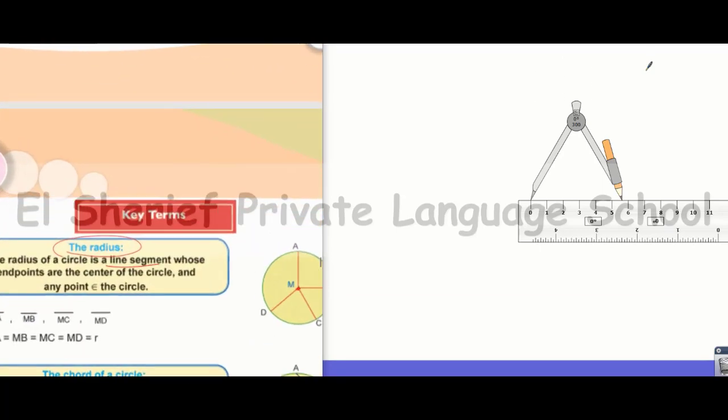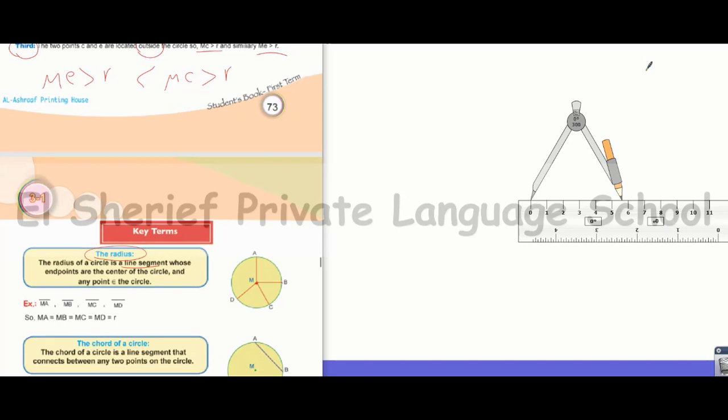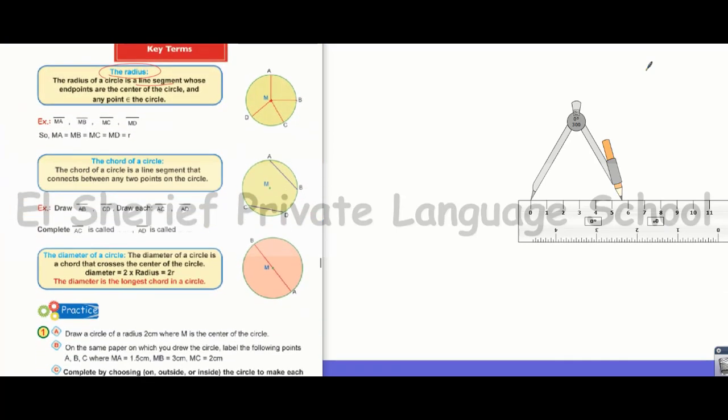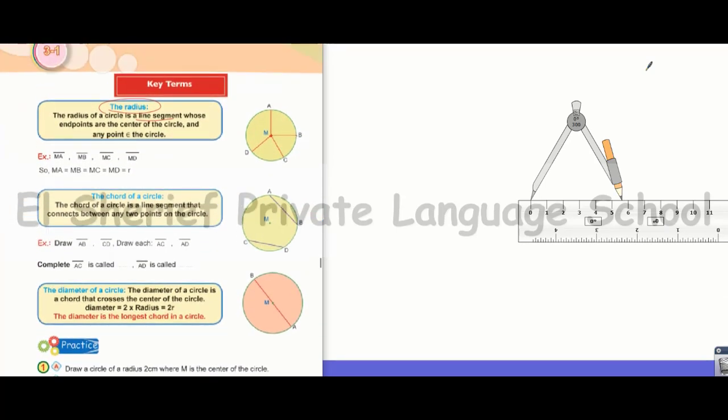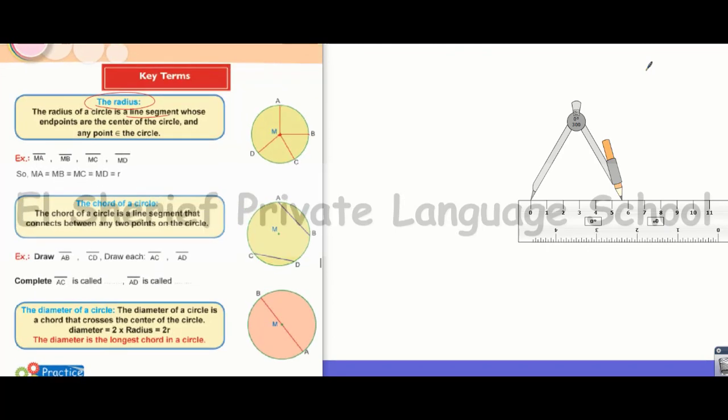So we have circle M and points A, B, C, and D, all these points on the circle. If we join between M and any one of them, this is called a radius.